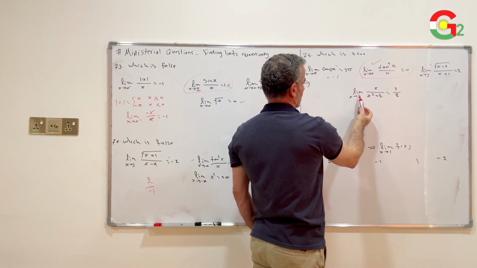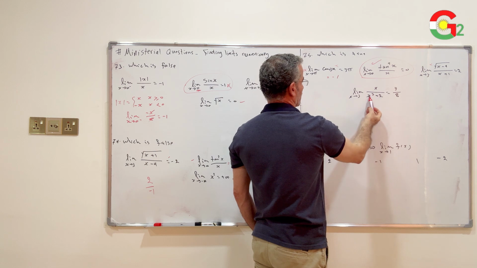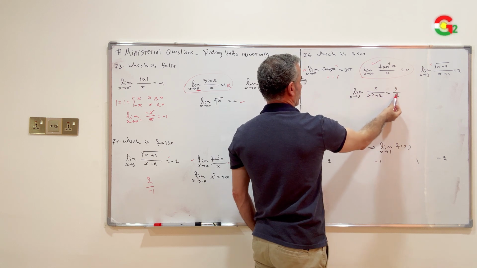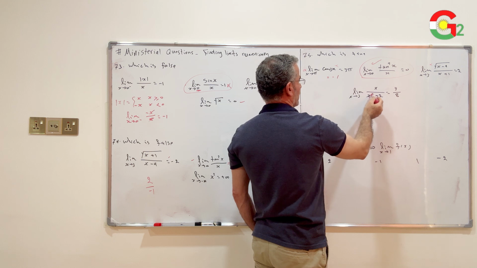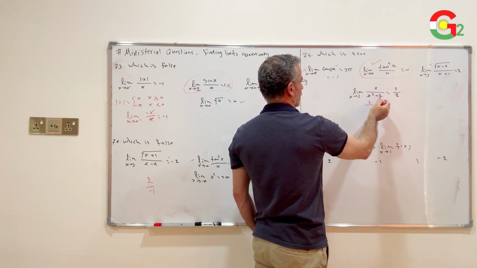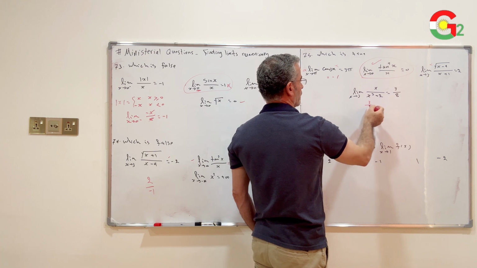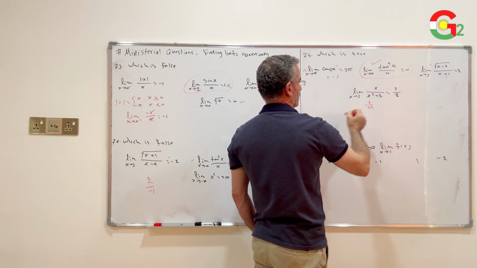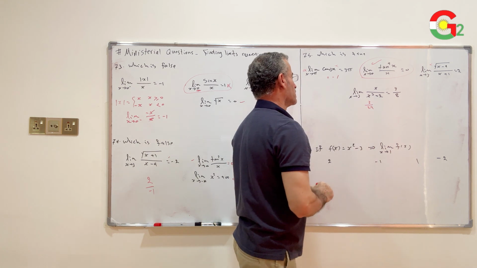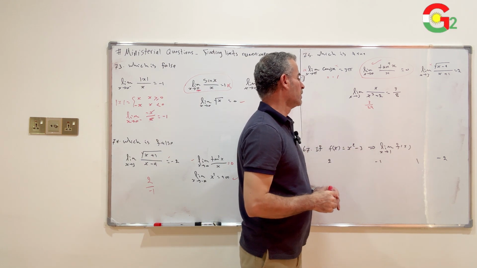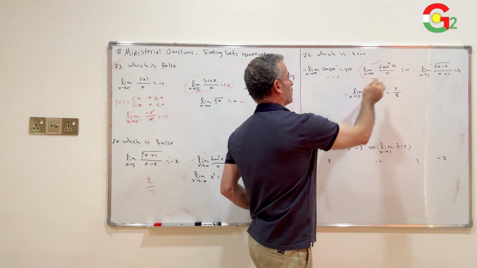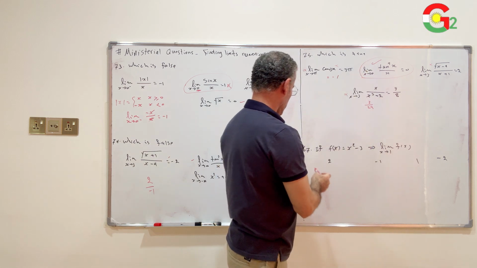For the last one, the limit of x over x cubed plus 2 is 3 over 8. It is not 3 over 8, it's 3 over 3 to the power 3, 27 plus 2, 29. It is 3 over 29. So this is also wrong. The right choice is B.